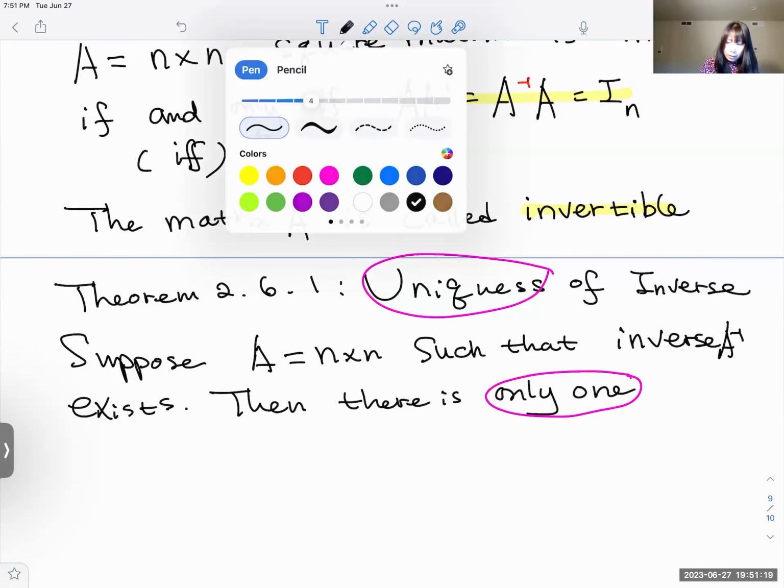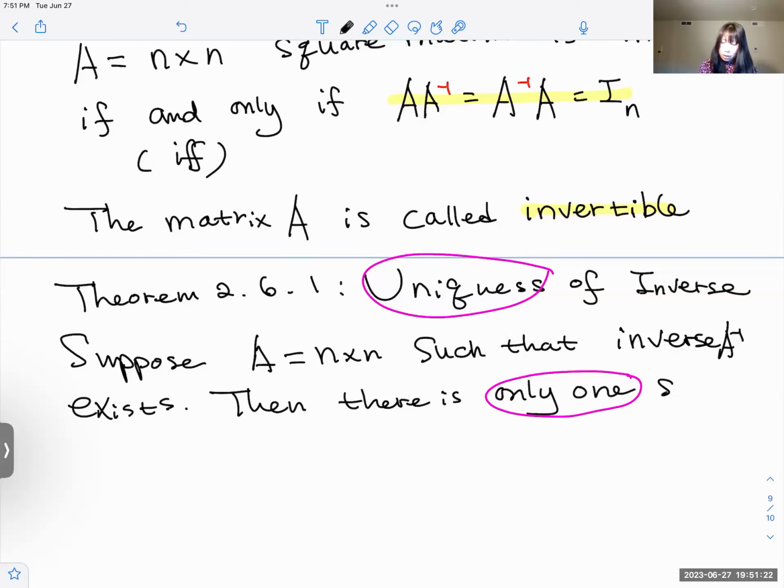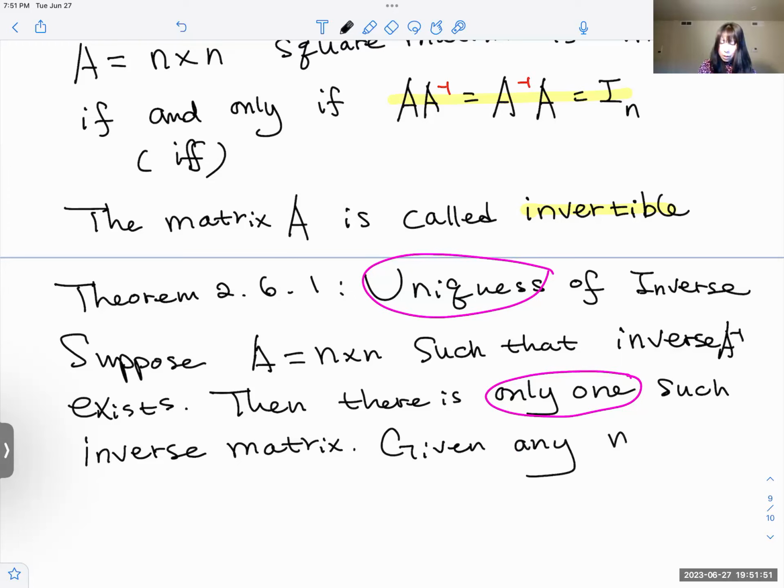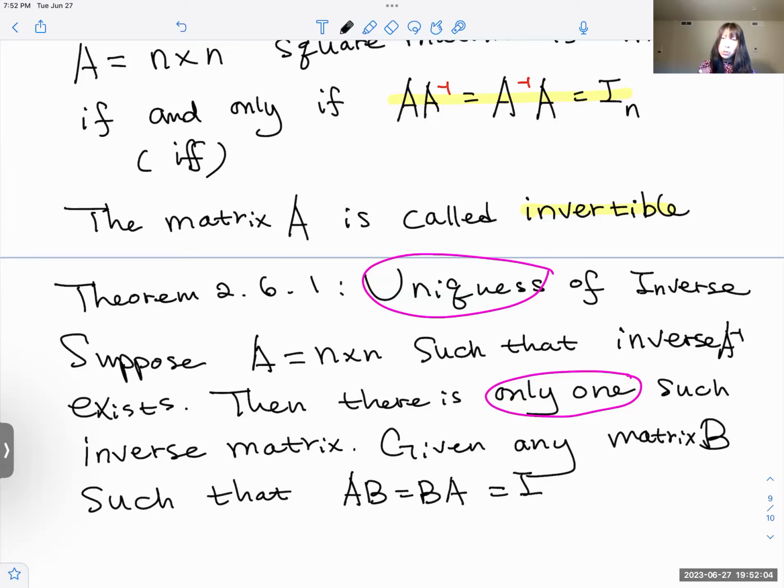Uniqueness. That is, given any matrix B such that AB equal to BA equal to the identity matrix.